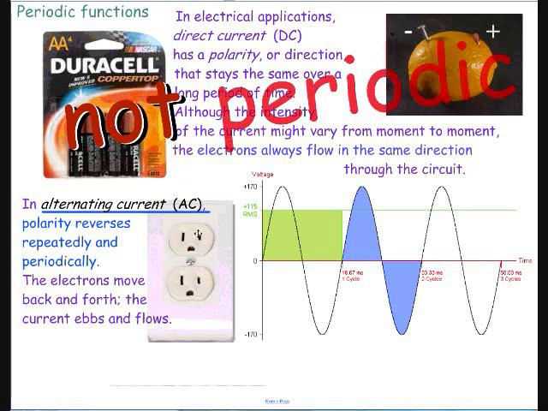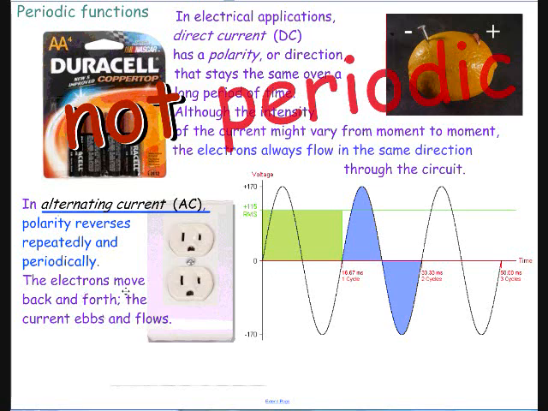However, the current that we use more of the time is alternating current. We plug into the wall, we get alternating current. The polarity keeps reversing. So you may have positive polarity and then negative polarity, positive, negative, positive, negative. It just keeps going back and forth. That's why they call it alternating current.